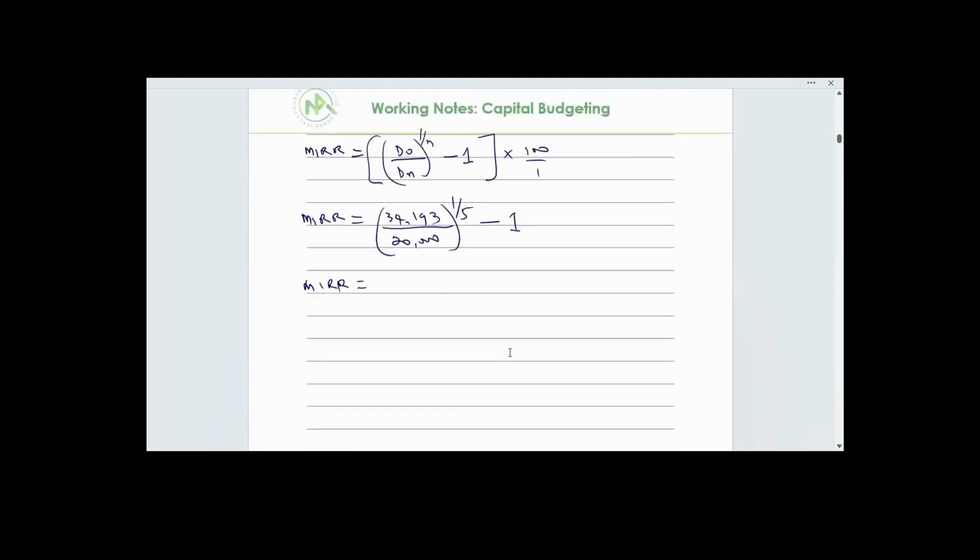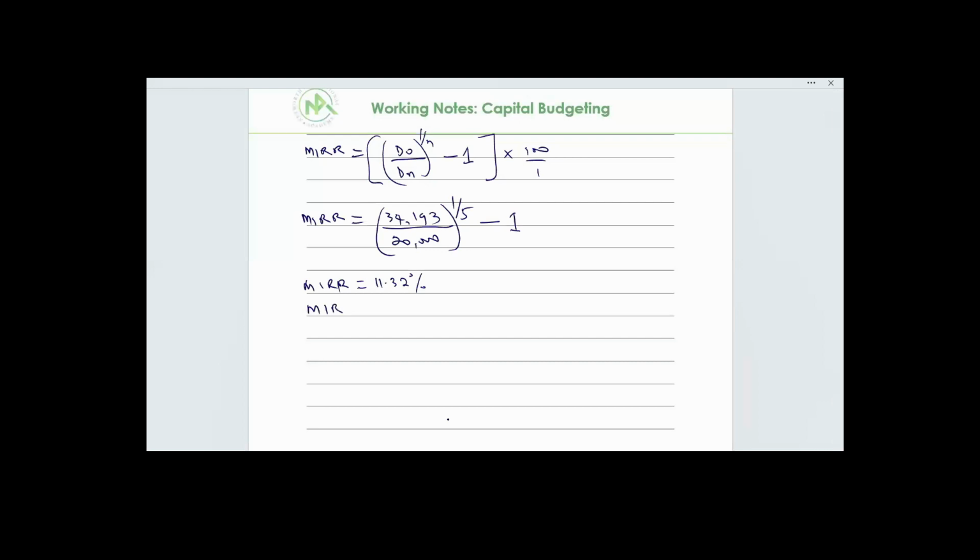So if that is the case, I would then say 34,193 divided by 20,000 naira raised to power 0.2 minus 1, multiply by 100% equal 11.32%.